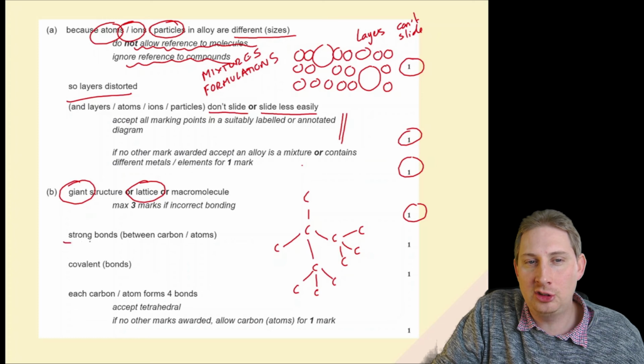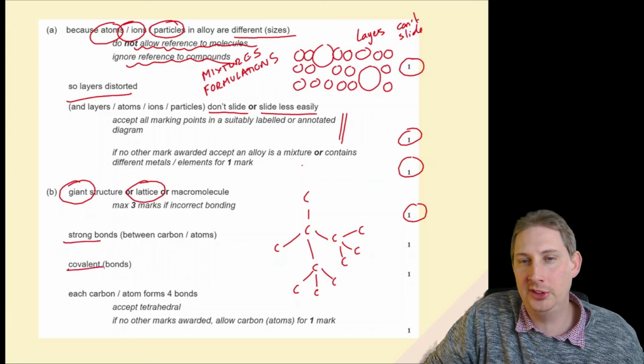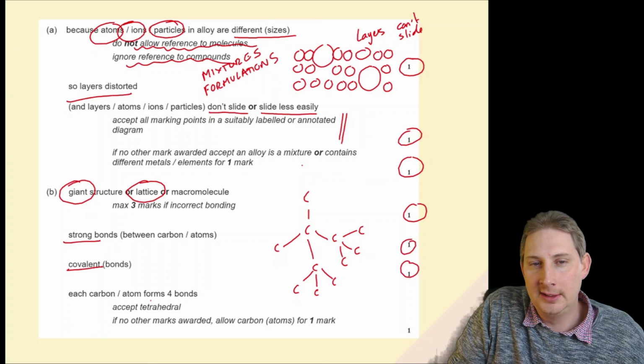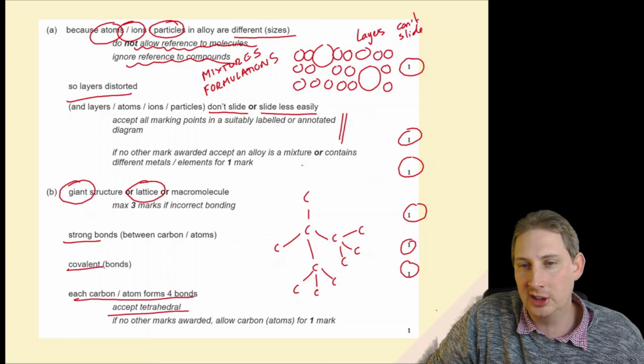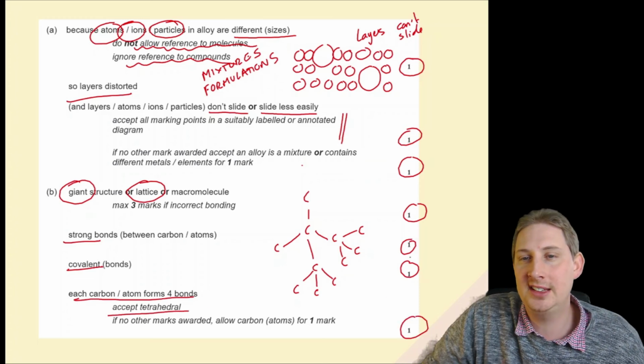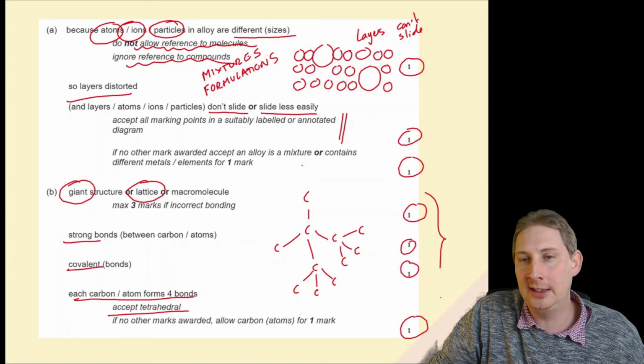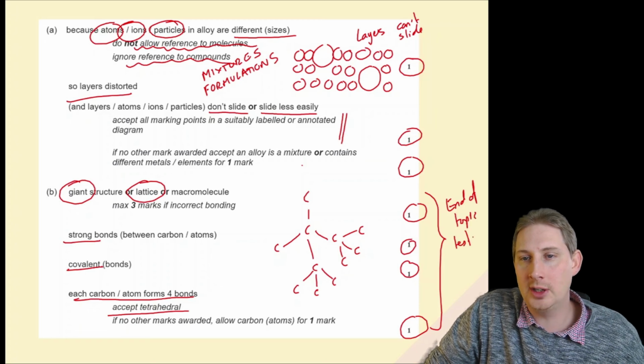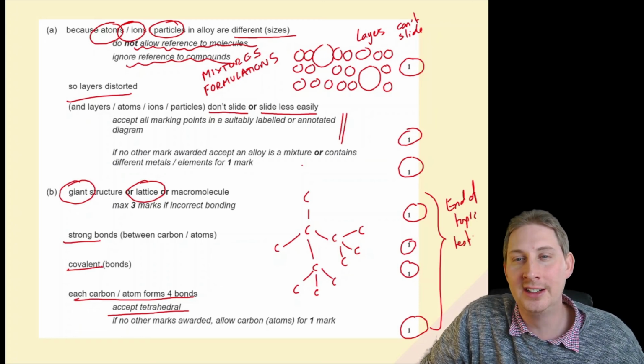There are very strong covalent bonds between all the carbons for the next 2 marks, and some description of each carbon forming 4 bonds or a tetrahedral structure for the final mark. And we've seen that before. That was in your end of topic test. So you should have done well there if you paid any attention when we went through that mark scheme.